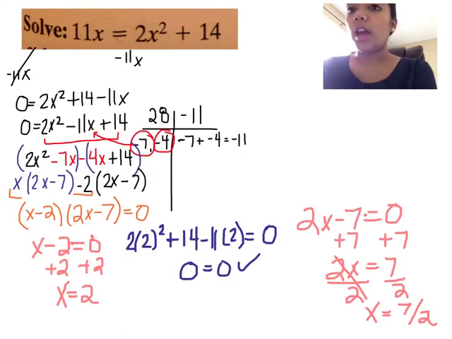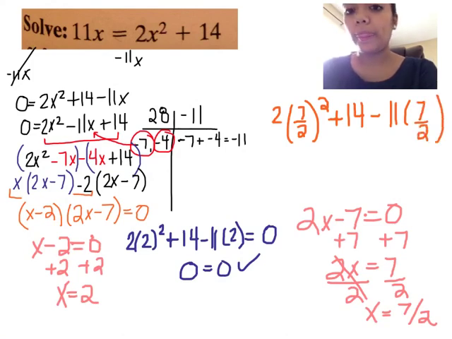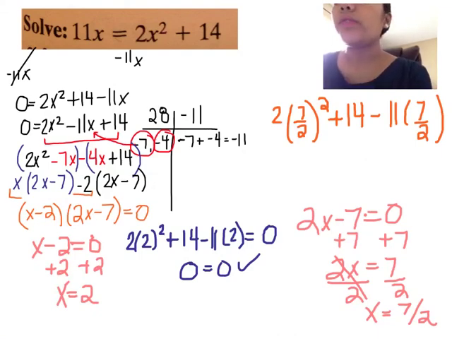And you're going to have 2 times 7 halves squared plus 14 minus 11 times 7 halves. Okay, so I'm going to rearrange this, and you should get 7 halves squared times 2 is 49 halves.